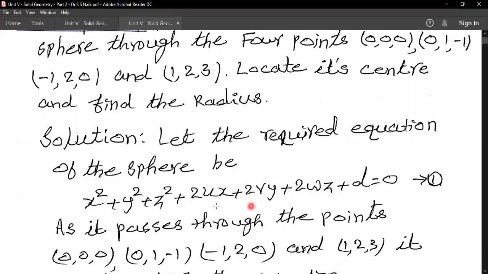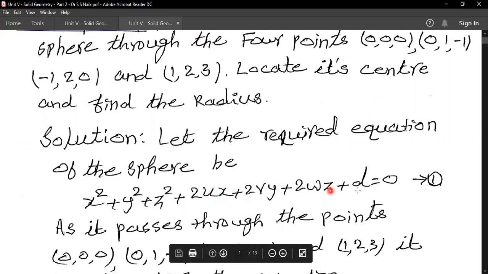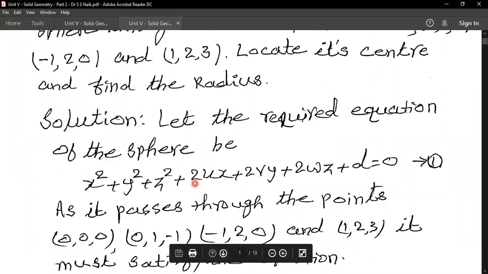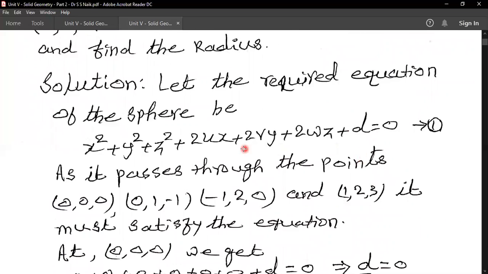You want to find these values and substitute them back in this equation, and whatever you get becomes the equation of the sphere passing through the points. Now we start with the solution. The required equation of the sphere may be taken as the general equation, in which you have 4 unknowns u, v, w, d. You want to find them.